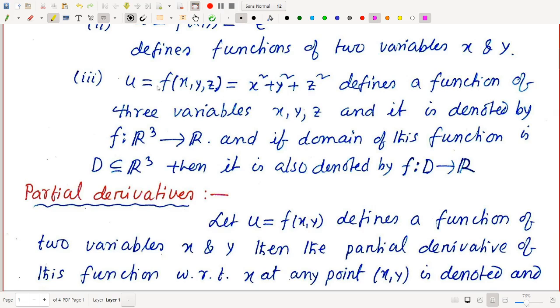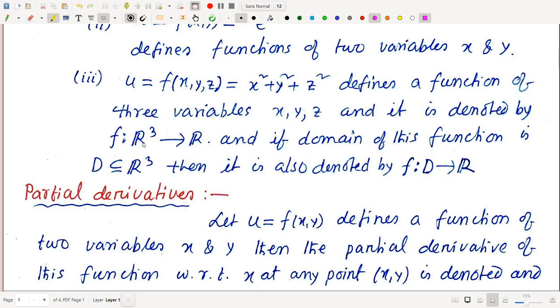Now, if we write u equal to f of x, y, z equal to x square plus y square plus z square, for every ordered triple x, y, z, for every three real numbers, this x square plus y square plus z square is a unique, definite real number. That's why this defines a function of three variables x, y, z, and it is denoted by f colon R cube tends to R, but we read it as f is a function from R cube to R. R is the set of real numbers.